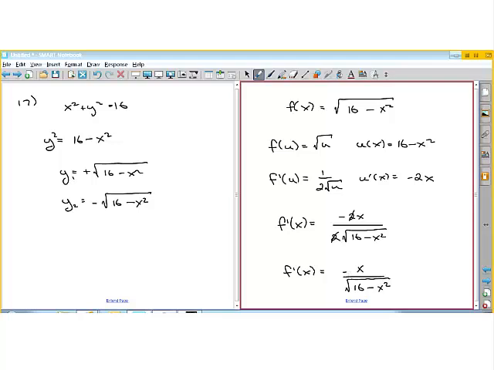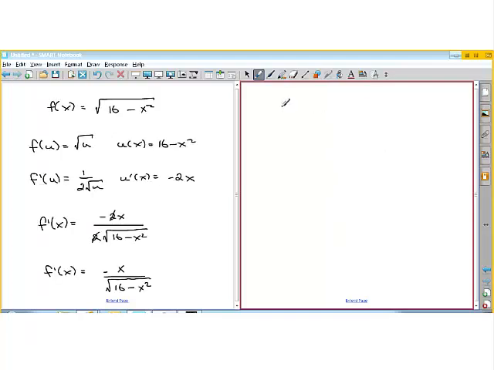That's for the red curve. For the other one, g of x is negative the square root of 16 minus x squared, and g prime of x is x over the square root of 16 minus x squared. I just took the minus sign and made it positive. We apply the first to the red curve and this one to the blue curve.